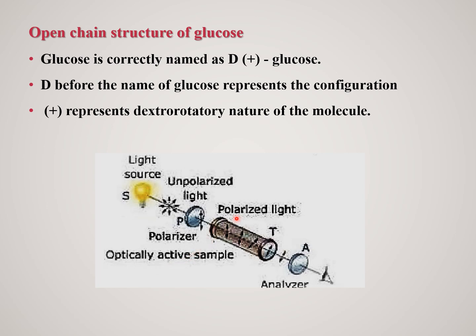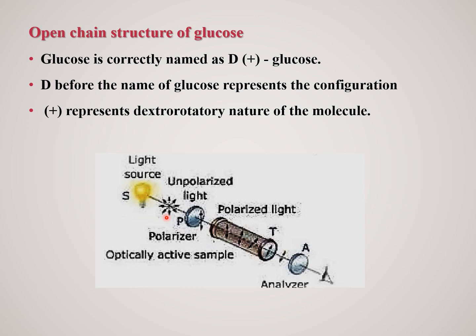This is what an optically active compound can do. So, what is the meaning of that? Let us understand it briefly. If you are talking about light coming out from a source, the light has radiations which are vibrating in all different planes.